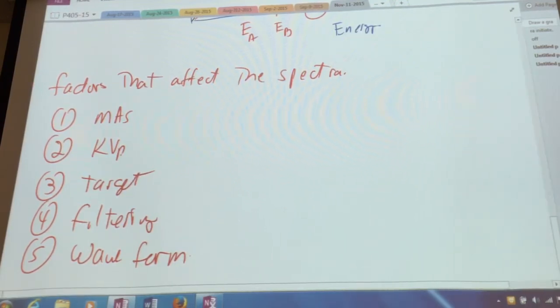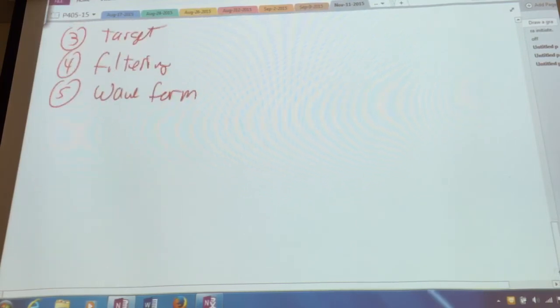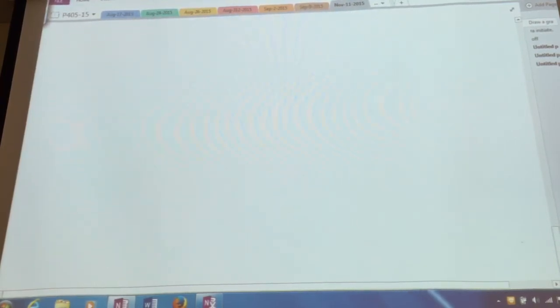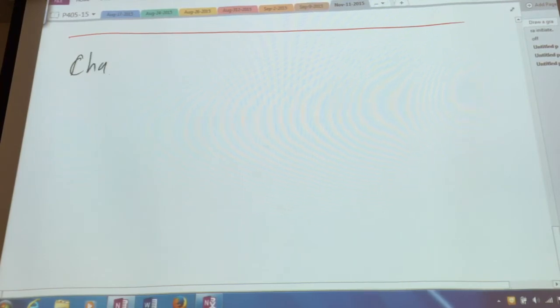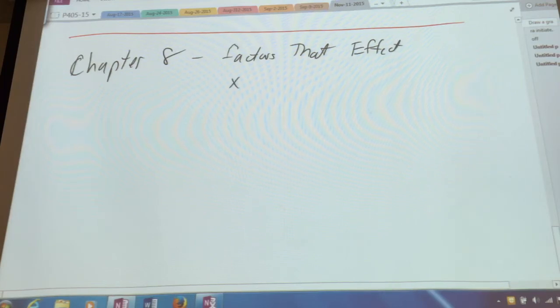Okay, next we're going to move into chapter 8, which is factors that affect X-ray production. Affect X-ray emission?